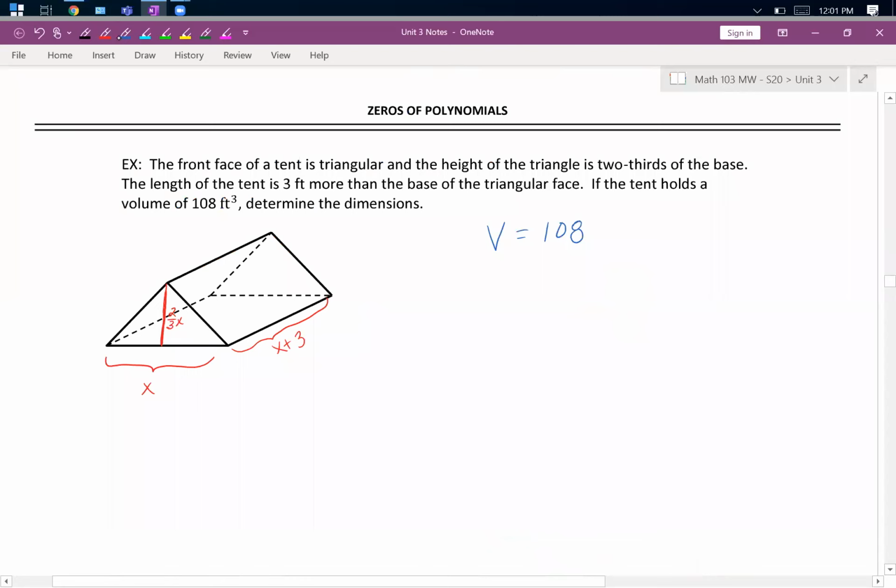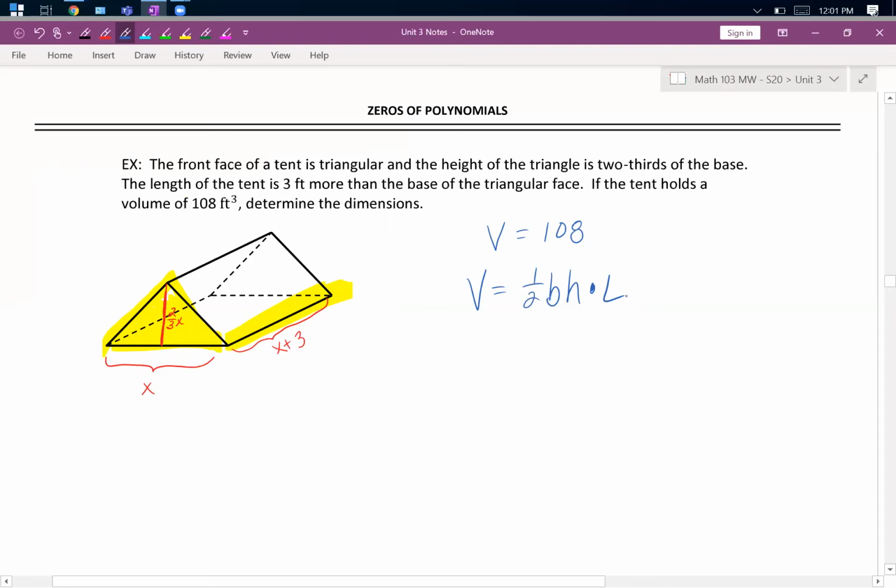So we'll start by finding the area of our triangular base here. And we know that that's 1/2 base times height. And then we multiply it by the length of the prism. So we can say 1/2 base times height times the length.